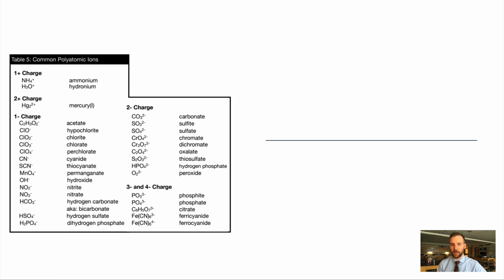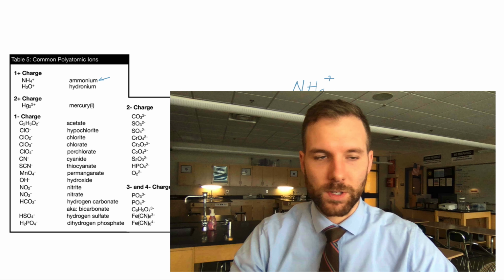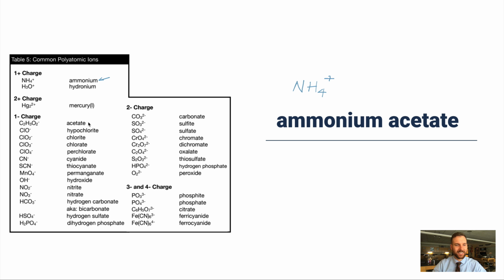Okay, here's another one. We've got ammonium acetate. So this is one that's got 2 different polyatomic ions in it. Ammonium is up here. It's got a +1 charge. So NH4 with a +1 charge. Kind of hard to see the 4. Sometimes people think that that's NH with a 4+ charge. Don't be that person. And then acetate, that's this one here.